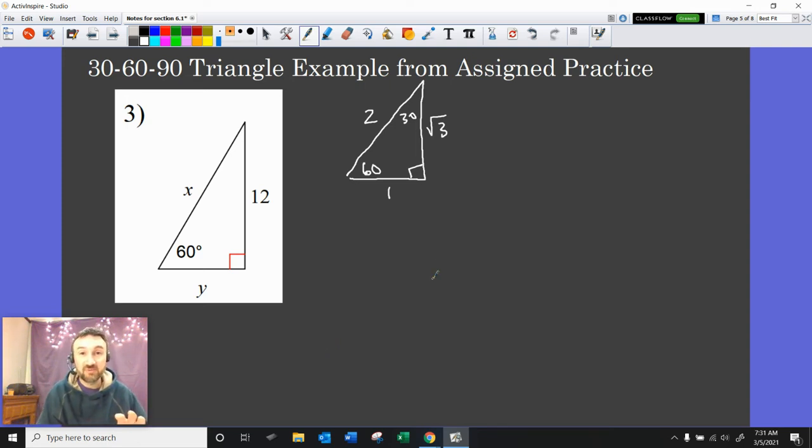I want to take that triangle and grow it into the triangle that I see here. So I think the first thing I'm going to do is make a new triangle here that is the same shape, but it's going to be a different size. So I'm going to multiply by square root of 3.